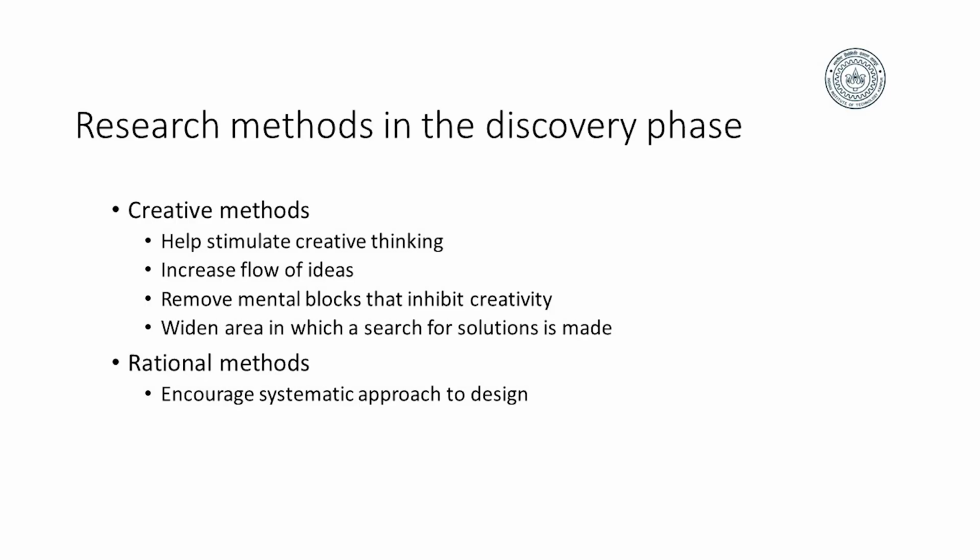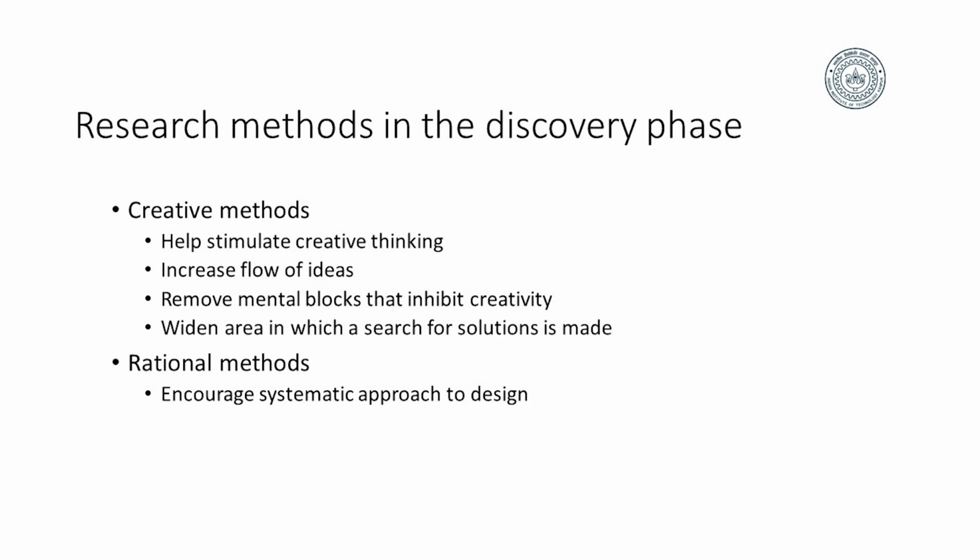It might seem like going off a bit on a tangent, but the discovery phase is really crucial when we are developing complex products. So, what are the research methods we can use? There are 2 types of methods. One is known as creative methods, where you use your creativity, and the second is rational methods, where you use known scientific techniques.